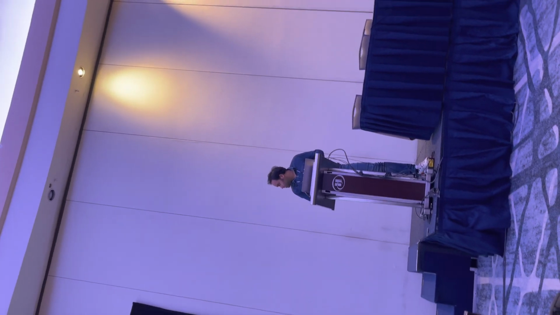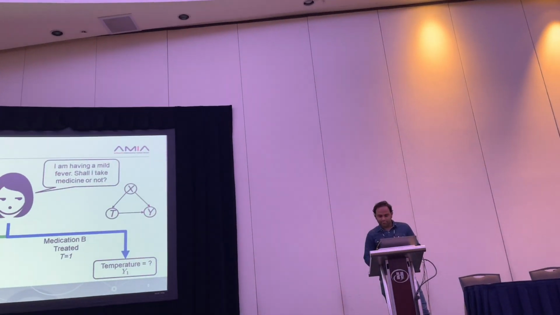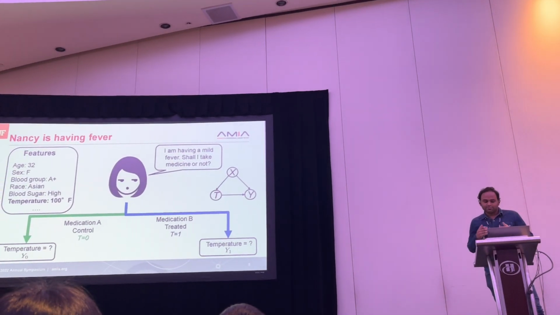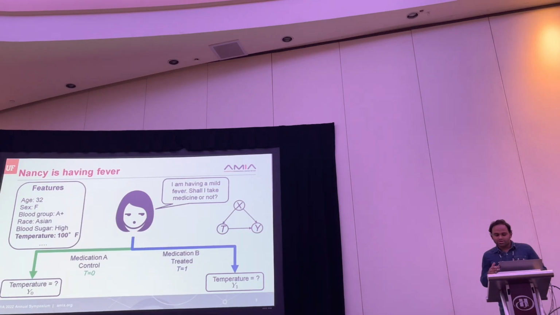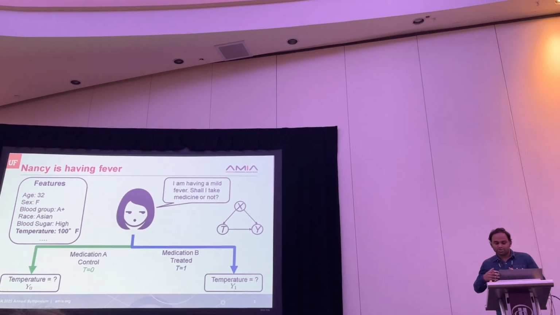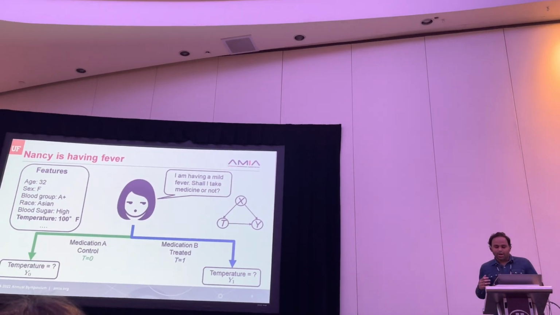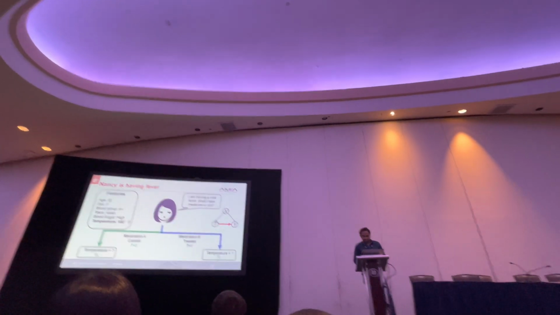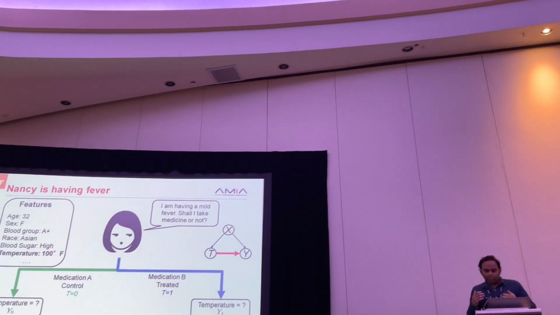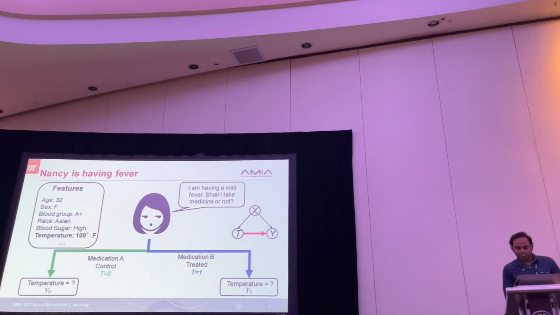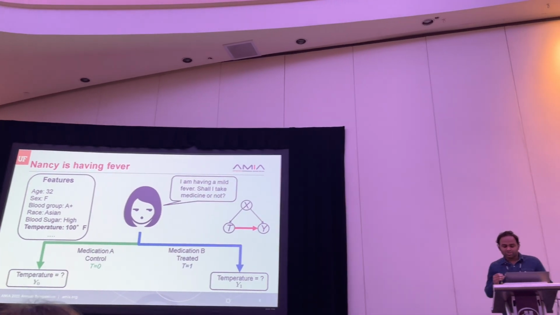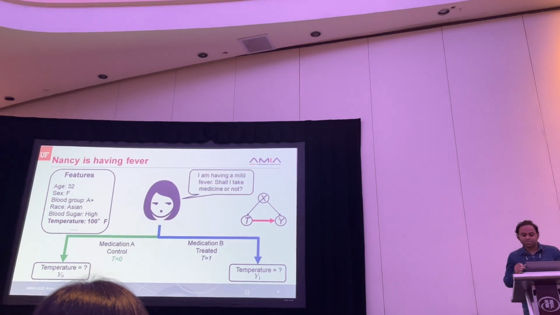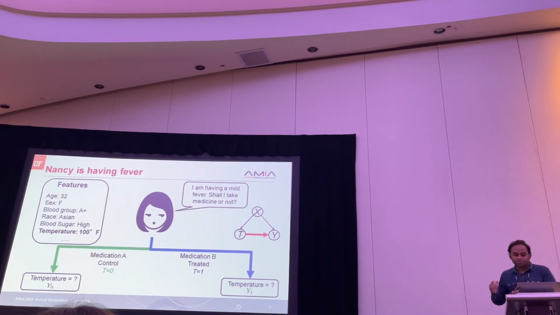She has a choice of taking medication A versus medication B. We can represent this problem with a causal graph where X is the features of Nancy, T is the treatment, with values of 0 and 1, and Y is the desired outcome. We wish to measure this red hat, and the question is how T is causally related to the outcome Y.